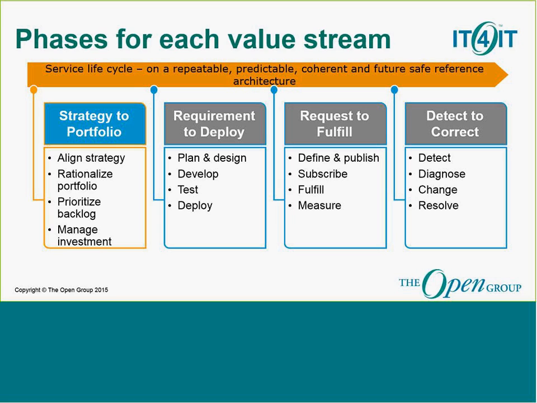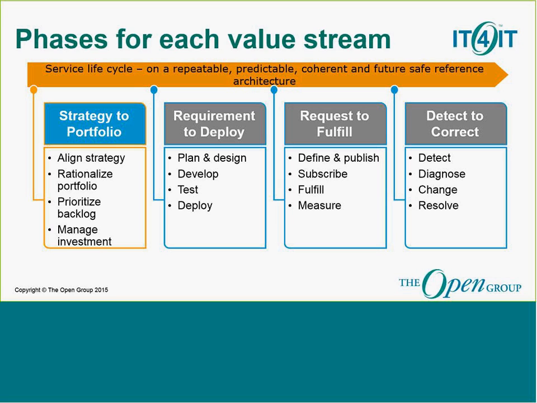Requirements to deploy is focused on building or buying, and turning the investment decisions into services. We'll have follow-on webinars that go into detail about requirements to deploy. Request to fulfill is focused on delivering and making those services available to a consumer, and that's all about IT's relationships to its customers through a catalog view, where people can order known services with expected deliverables.